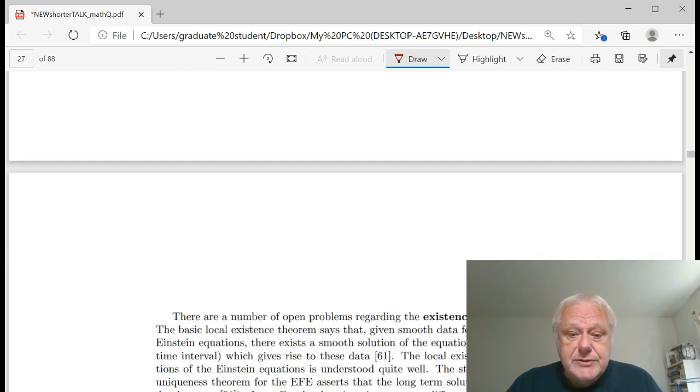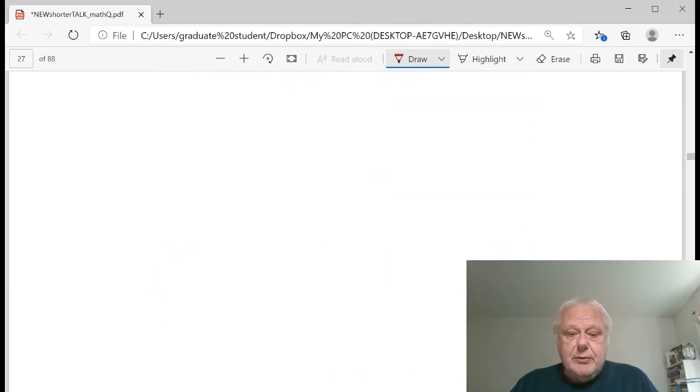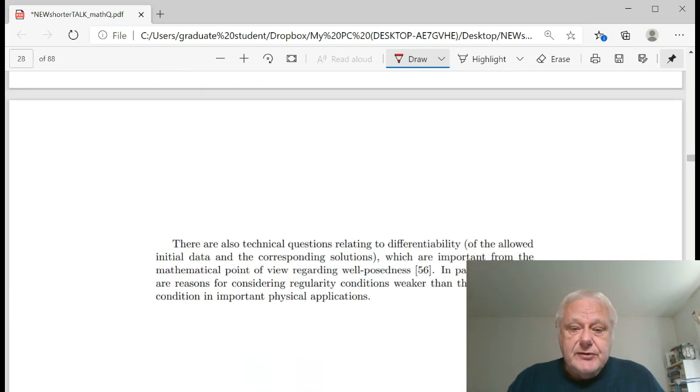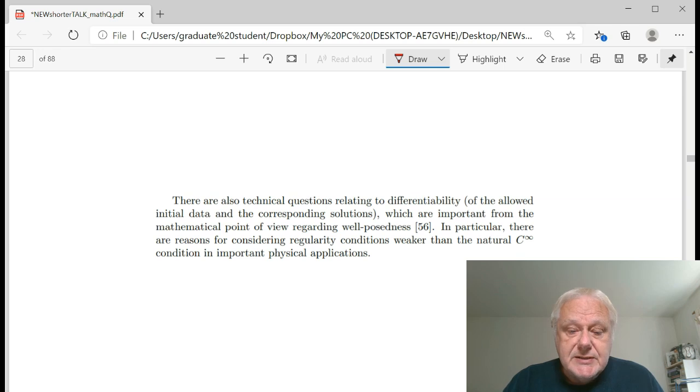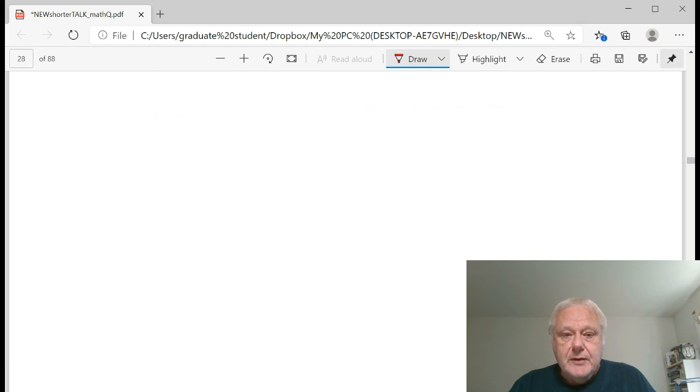There are problems trying to prove the existence of solutions, existence and uniqueness, and there are problems trying to generalize the theorems to situations which have lower differentiability, which would be of interest in physics. There are physical problems that would not necessarily be smooth. The geometry would be necessarily smooth.